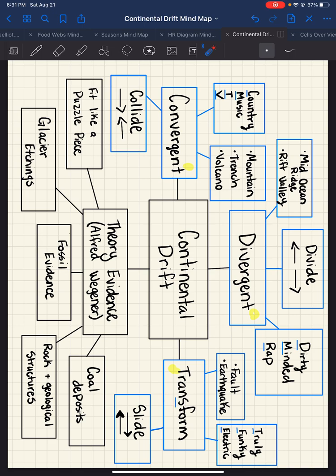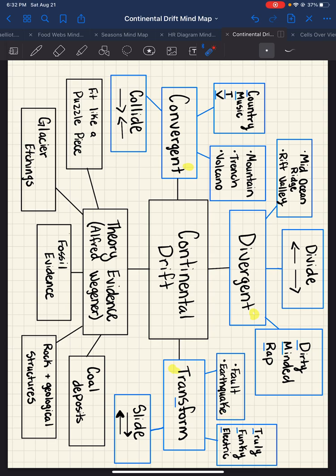And of course, slide starts with S. Now at transform boundaries, where they slide, that is called a fault or a fault line. Now the sliding and the friction of the earth moving back and forth up against each other creates earthquakes.